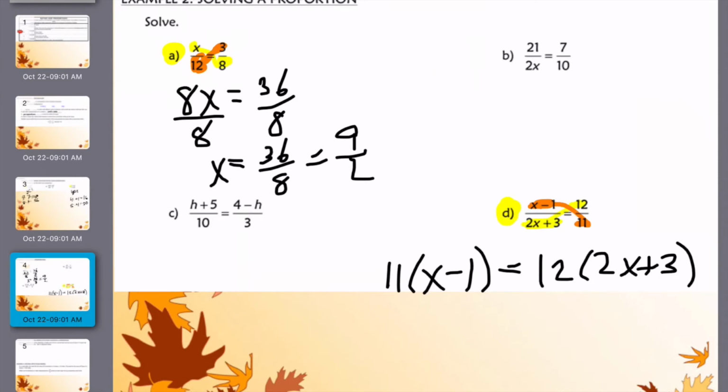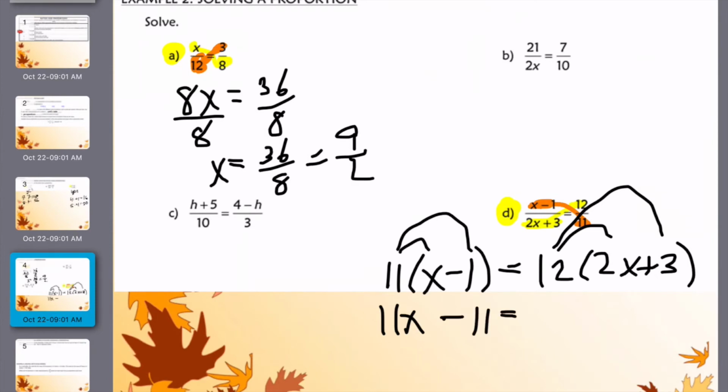And it's like we're back with our distributive property. So I need to do 11 times x and 11 times -1, as well as 12 times 2x and 12 times 3. So 11 times x is just 11x, and 11 times -1 is -11, equals 12 times 2x becomes 24x, plus 12 times 3 becomes 36, so plus 36.